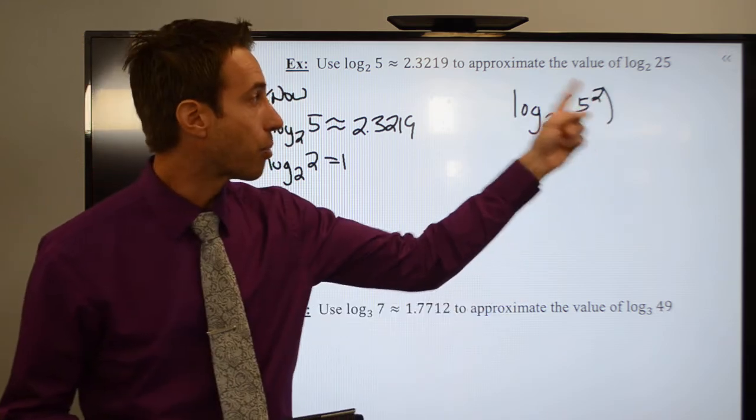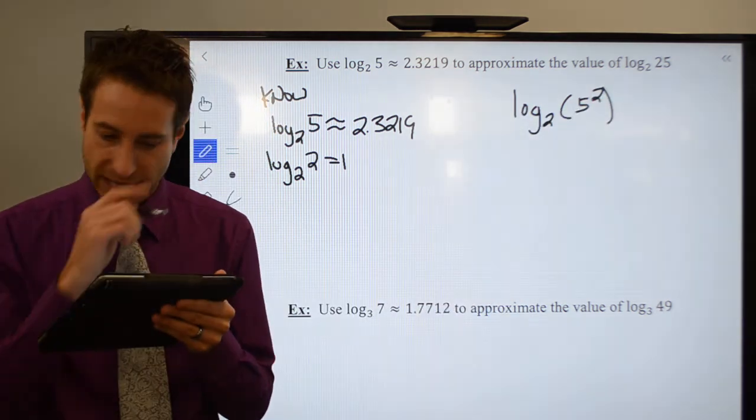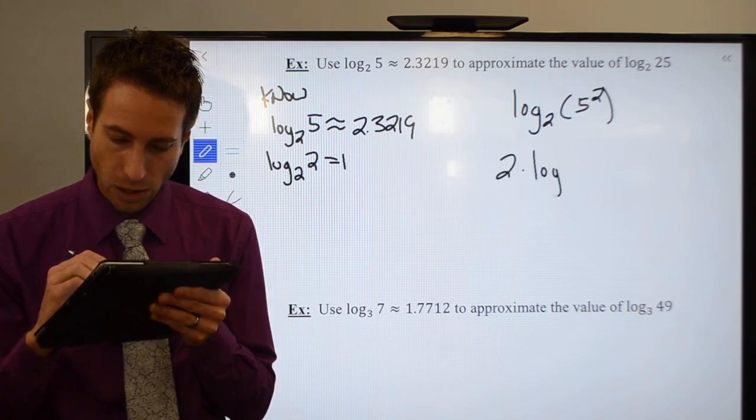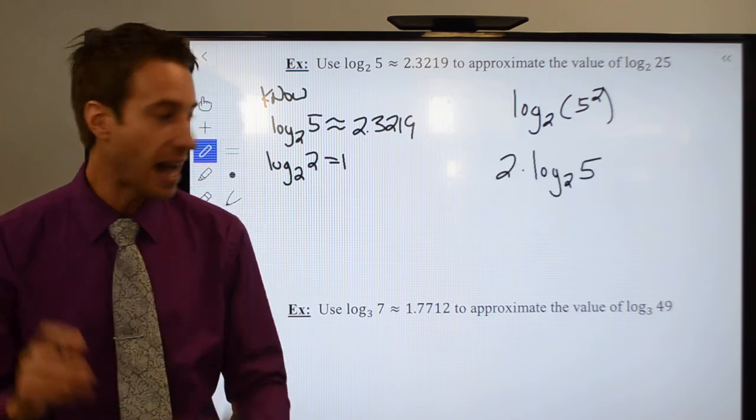And this is the power property. That 2 will drop down out front. 2 times the log base 2 of 5.